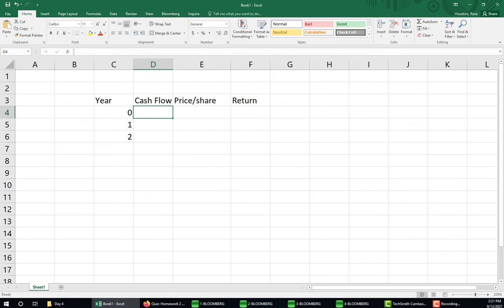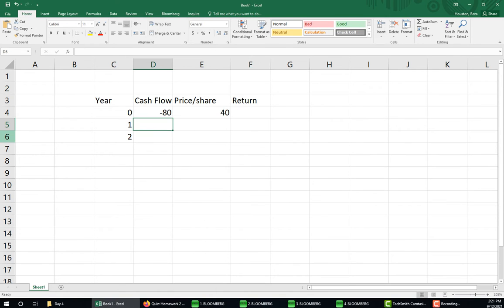So for this, initially, you're purchasing 2 shares for $40 each. So your cash flow is going to be two shares times negative 40, so negative 80, and your price per share is 40.